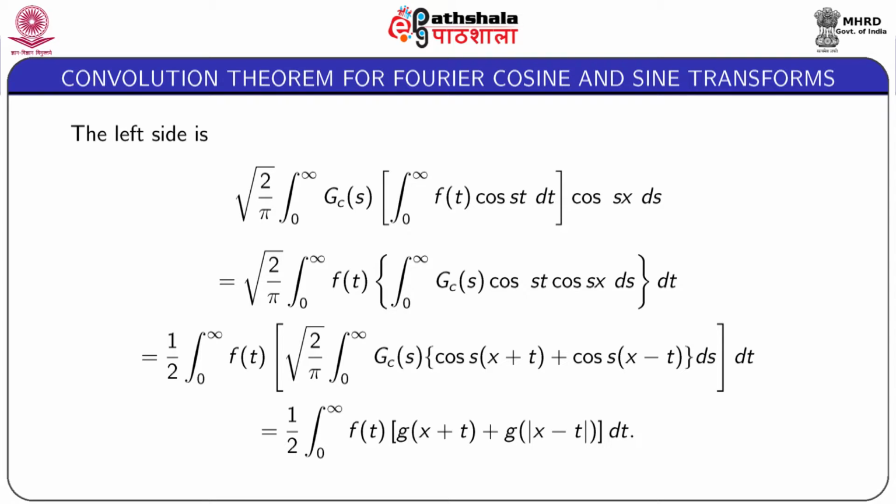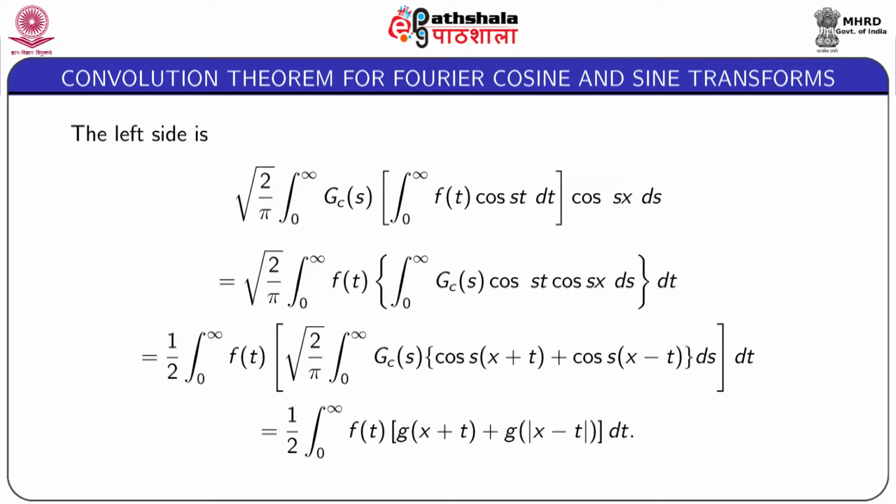That is equal to, after interchanging the order of integration, root over 2 by pi integral f(t) into integral 0 to infinity capital Gcs cos st cos sx ds dt.